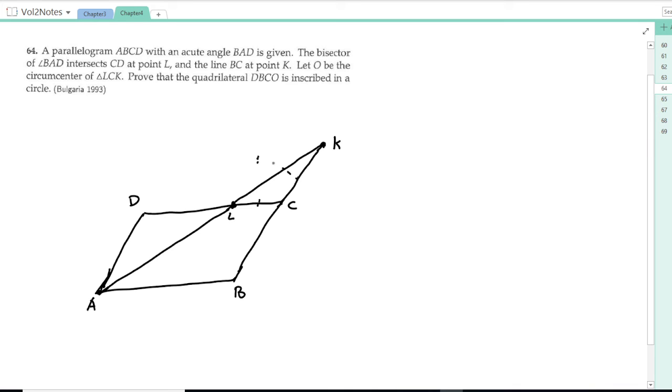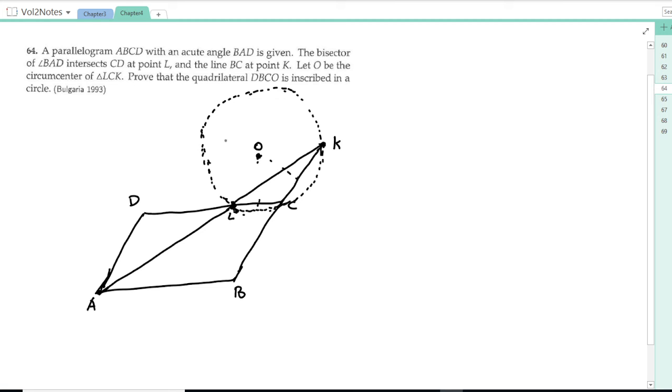So this is the O. Then the circle is like this.